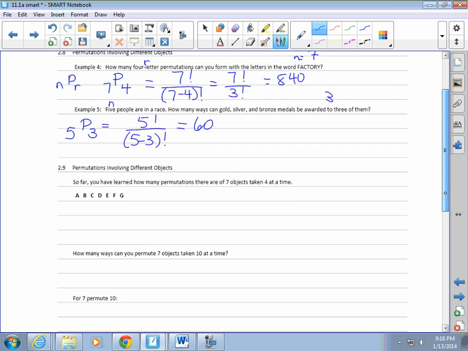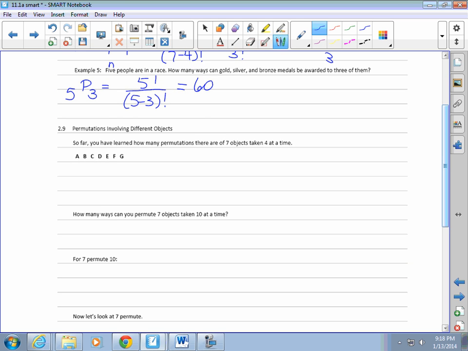Okay, so it says so far you've learned how many permutations there are of 7 objects taken 4 at a time. So using our nPr, this would be 7P4, and when we calculated that, up on the top there, it worked out to be 840 possible ways of arranging those. So it says how many ways can you permute 7 objects taken 10 at a time.